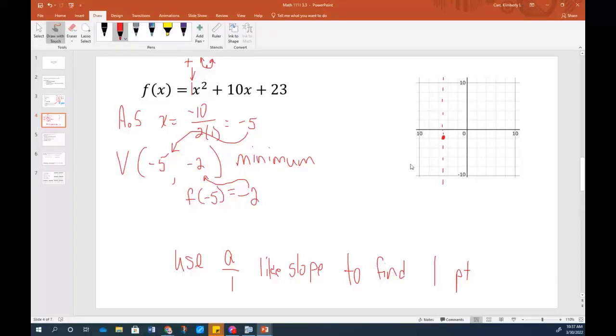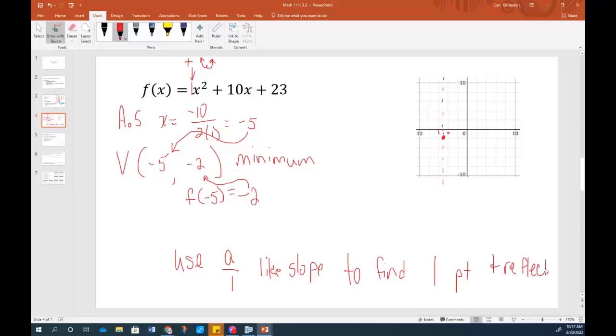You can't use it over and over because it's not a steady rate of change. But up here, since A is 1, that means I can go up 1 and over 1. And I have just found another point. That lets me know how wide this is because in general, it's not going to open very quickly. But that's not the only thing you can do. Here's another thing you can do. I'm going to put reflect.